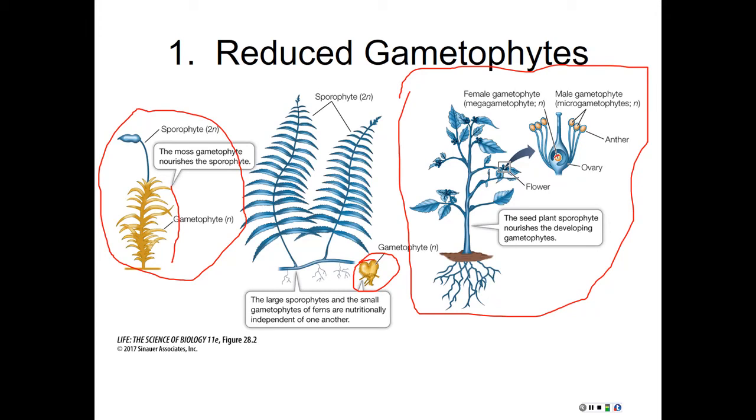So here's our female gametophyte, and they're microscopic essentially. They are multicellular in some cases, but microscopic. So very tiny, and they are retained within sporophyte tissues.